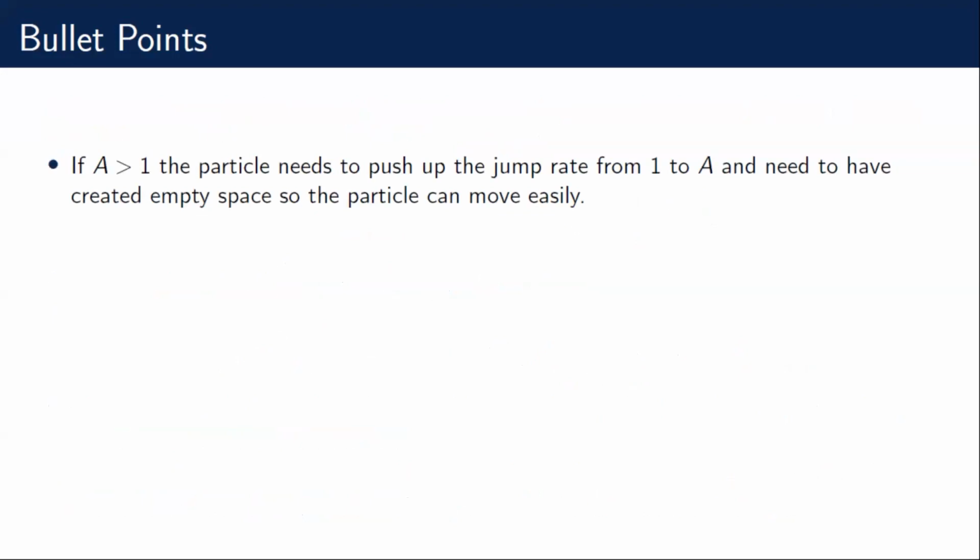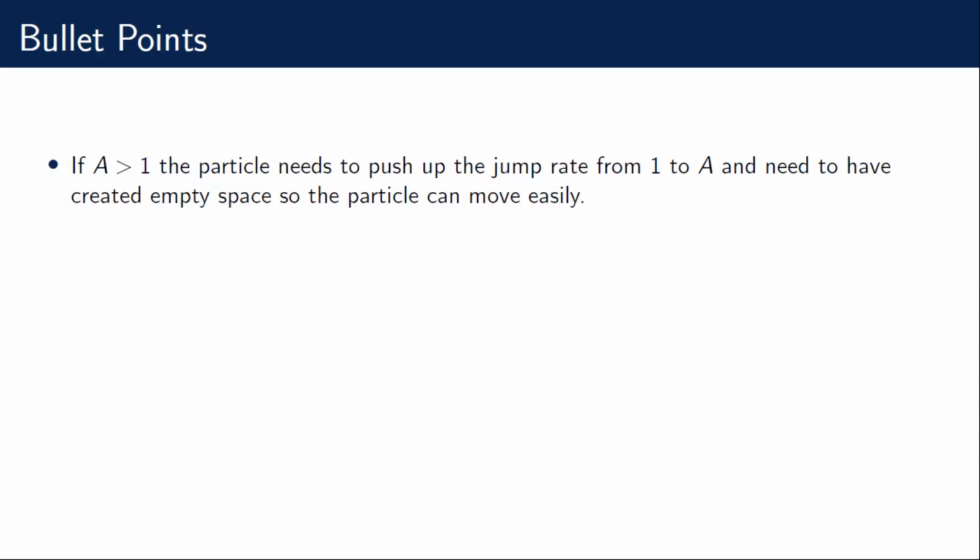If a is bigger than 1, 1 is the natural maximum speed of the particles. So even in empty space, it would travel with speed 1. So to travel with speed a greater than 1, you need empty space as well as to increase your speed to go faster. You have to exert some speed.